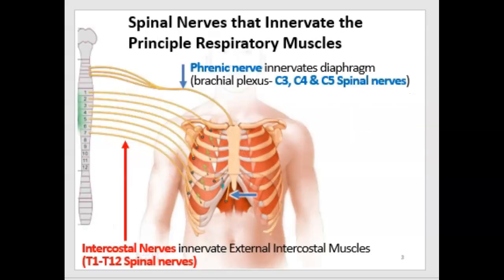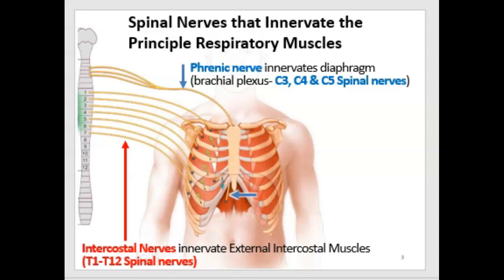Now, the nerve that innervates the diaphragm is called the phrenic nerve. In this picture, you can see it, with a blue arrow pointing to it, emanating from the cervical spinal cord. It actually consists of neurons that emerge in C3, C4, and C5 spinal nerves.